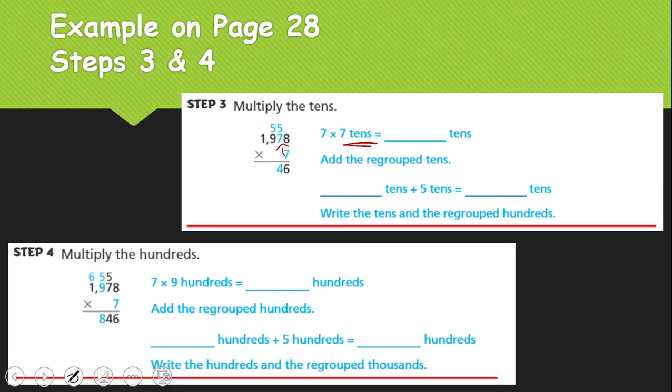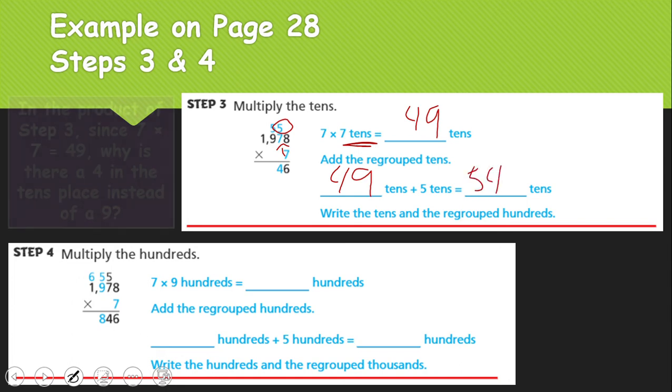Remember that 7 is in the tens place value. That is why we are multiplying 7 times 7 tens. Now 7 times 7 is a basic fact, which equals 49, so 49 tens. Now we need to remember that we need to add that 49 plus our 5 tens that we have up here when we regrouped. So 49 plus 5 tens equals 54 tens.